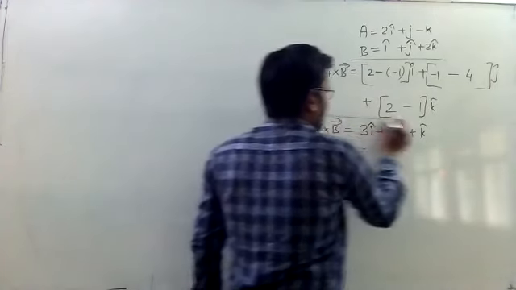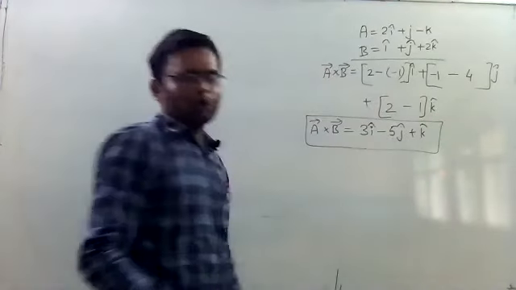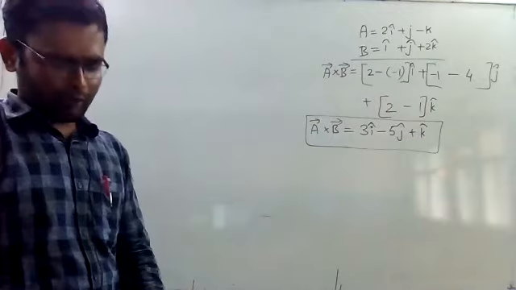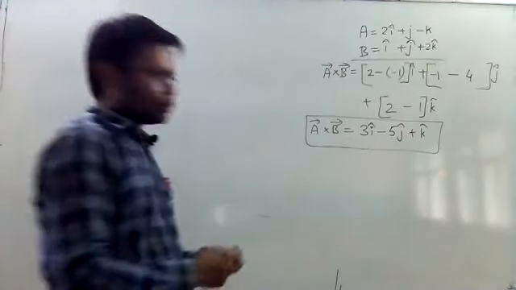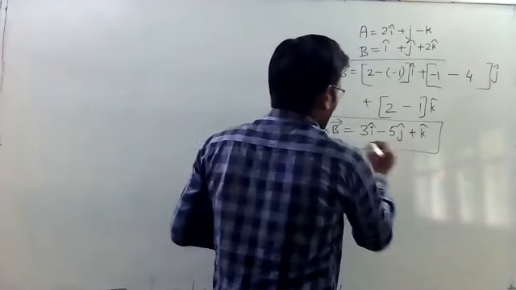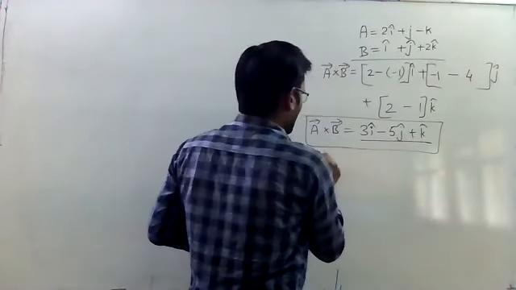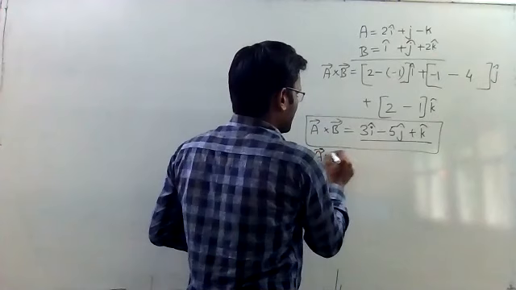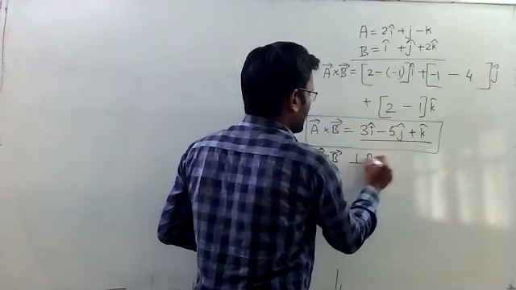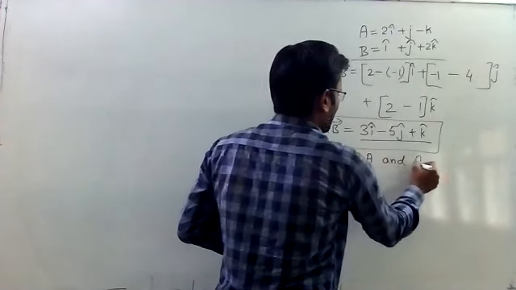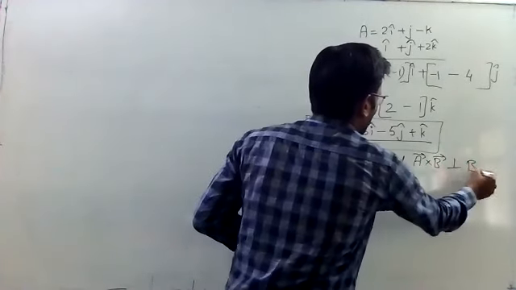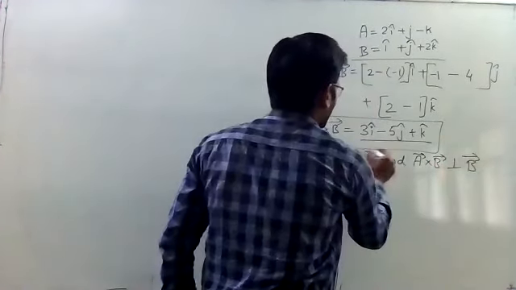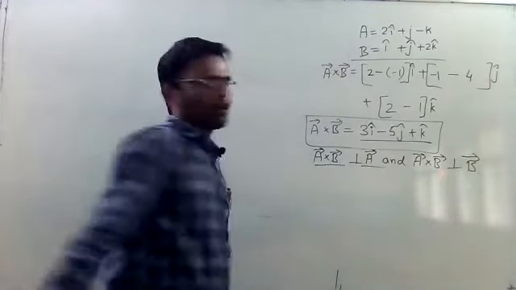Now, if you want to verify this, how can we do it? To verify this, A cross B should be perpendicular to A and also perpendicular to B. So how do we verify whether two vectors in 3D are perpendicular or not?